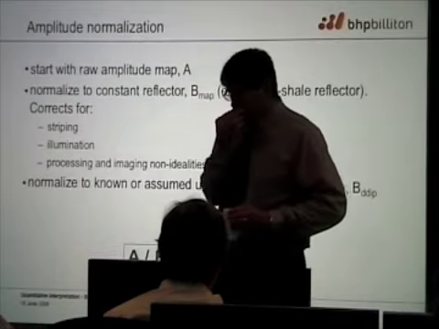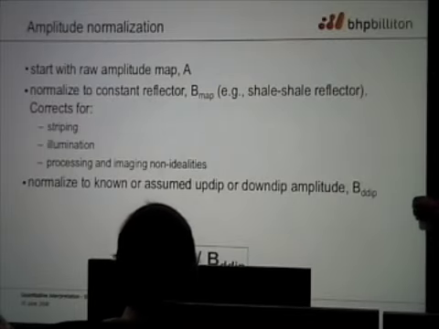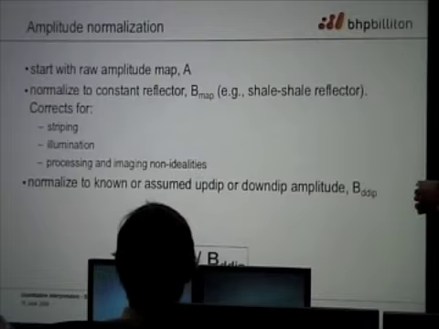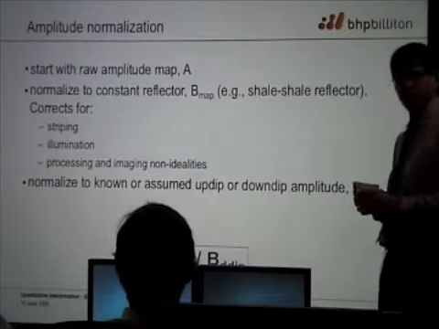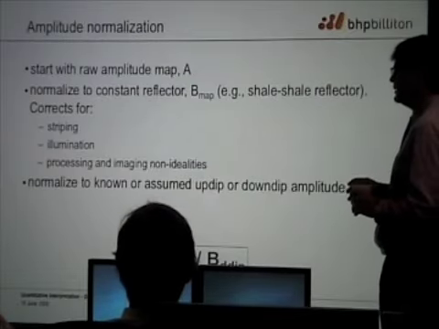Okay. Now let me talk a little bit more about amplitude normalization. There are a couple of different types of normalization that people talk about, and there are two things that can come into this.